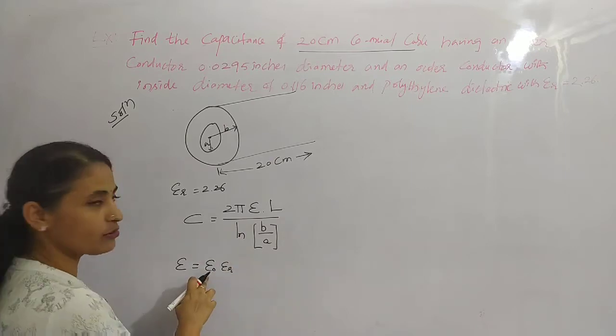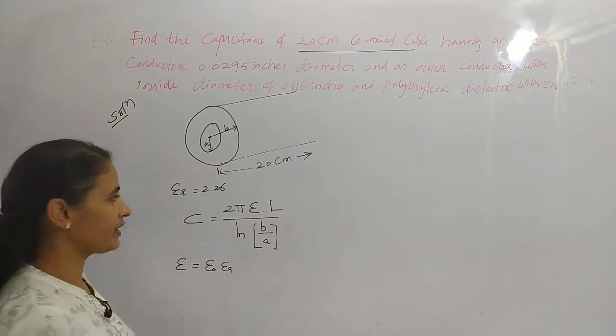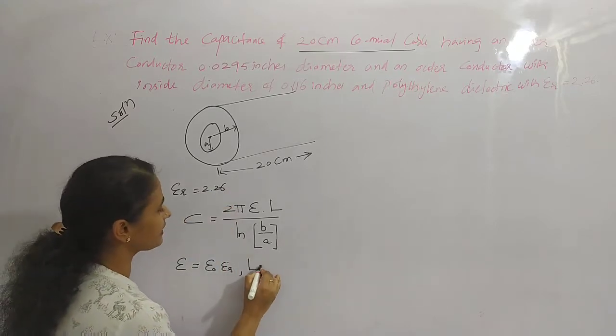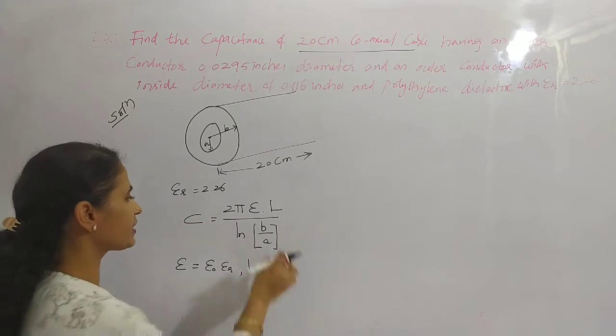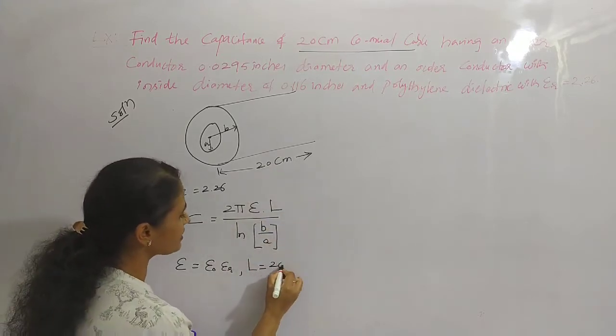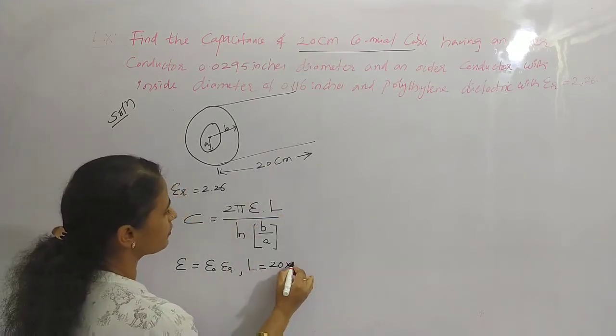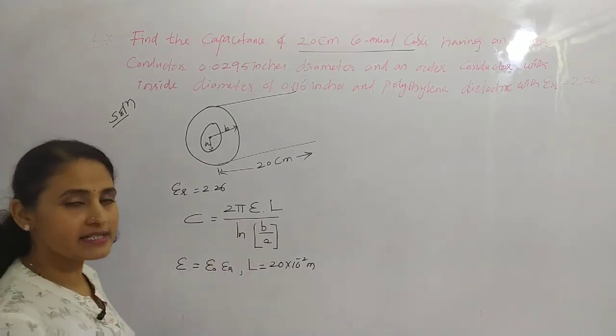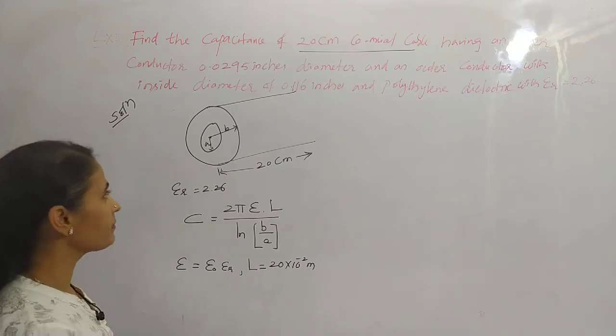Epsilon naught value is 8.854 into 10 power minus 12, and epsilon r is given. The length of the conductor is also given, 20 centimeters.